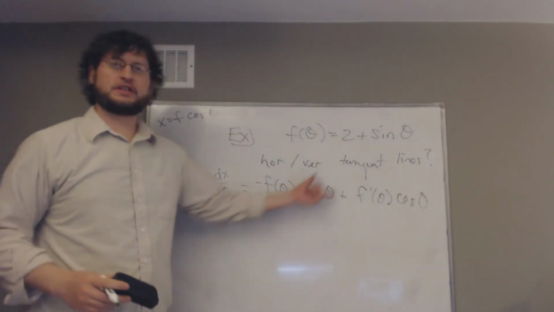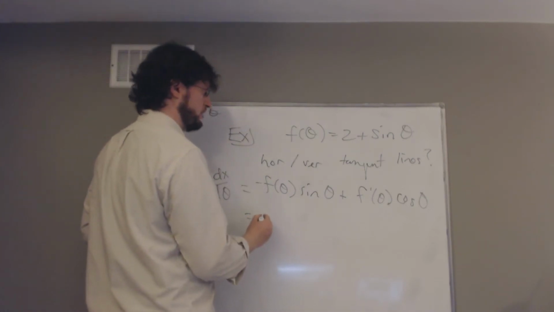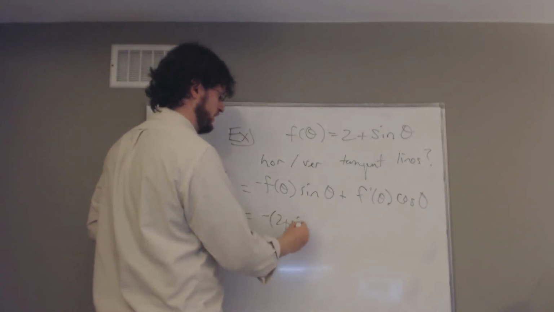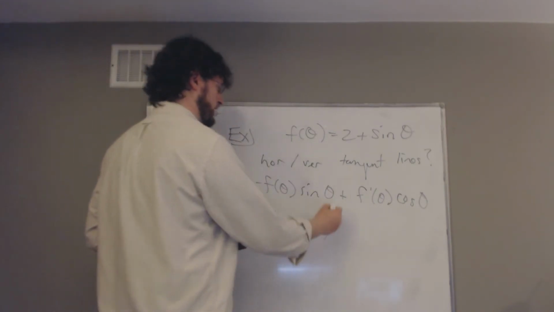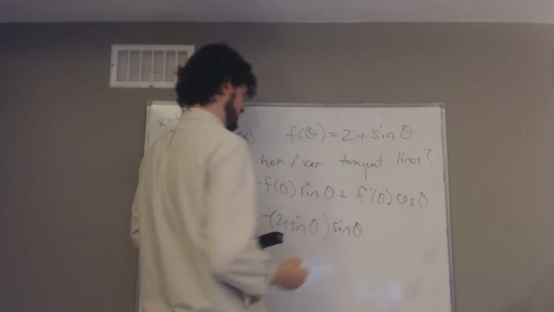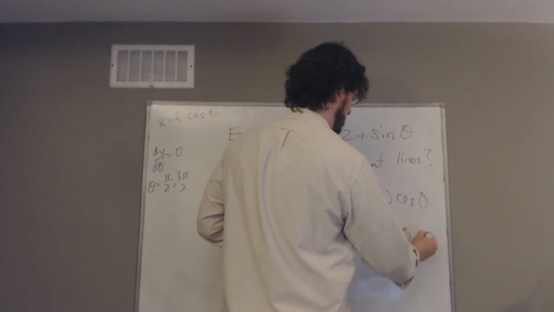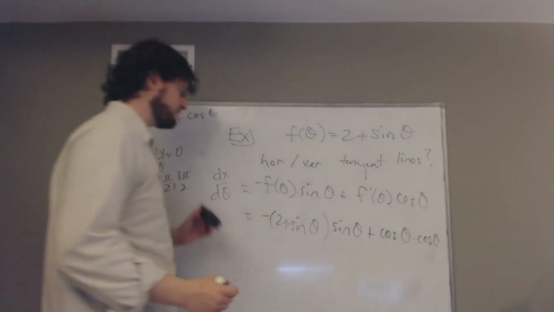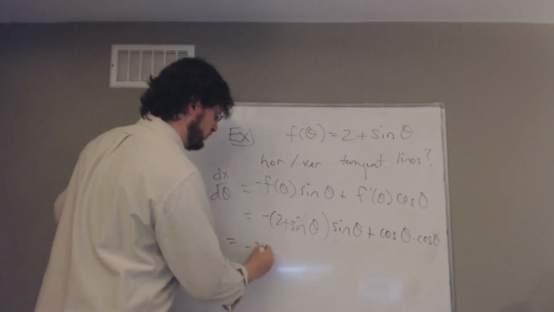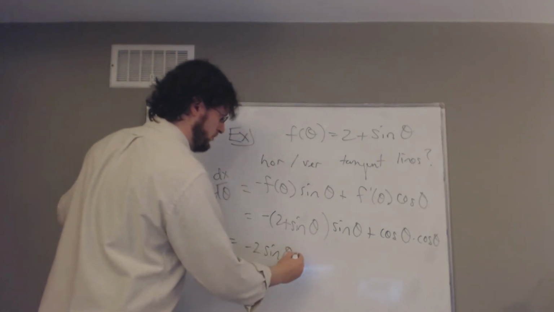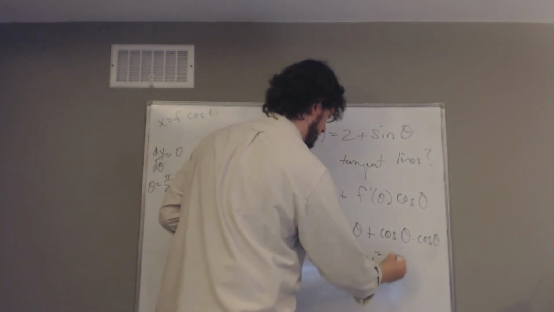And since we're using this as our function, we get minus 2 plus sine theta times sine theta plus the derivative is cosine theta times cosine theta. And so this makes minus 2 sine theta minus sine squared theta plus cosine squared theta.